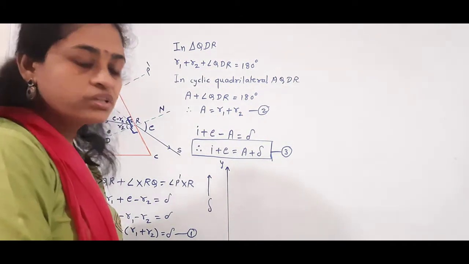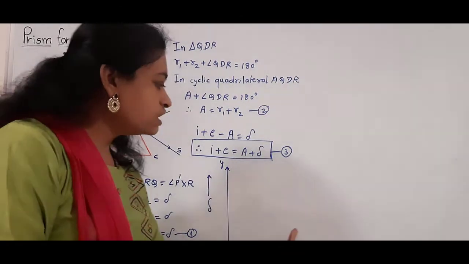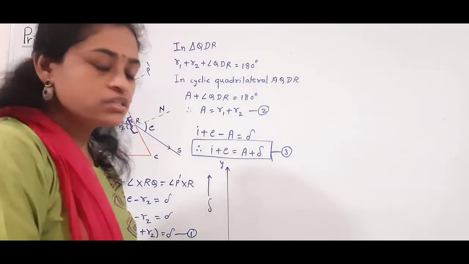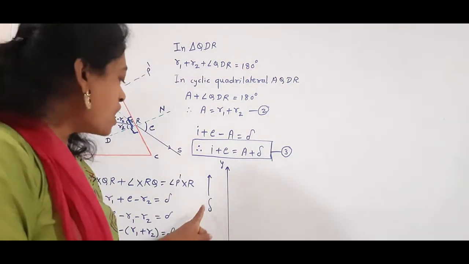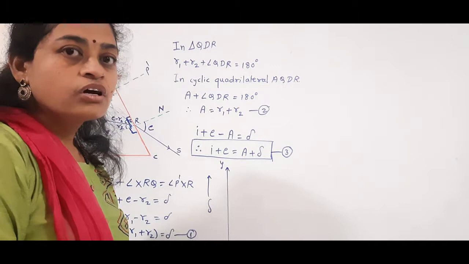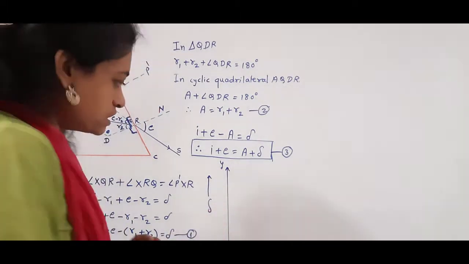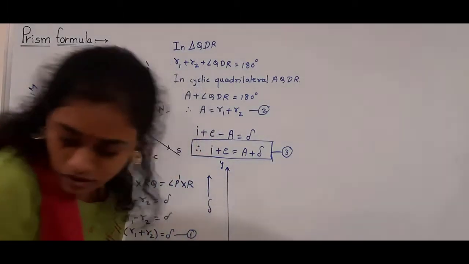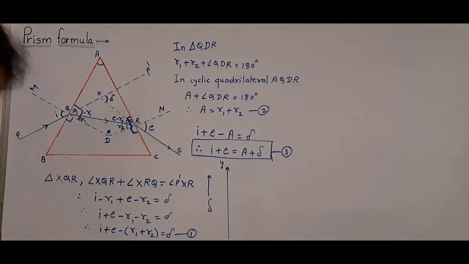As we go on increasing the angle of incidence, at first the angle of deviation goes on decreasing, like the graph I am showing.